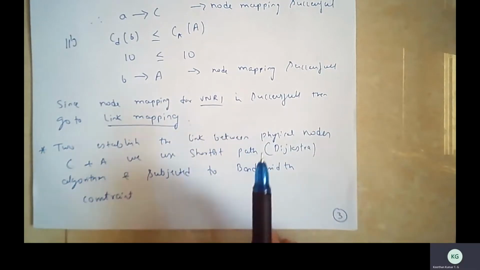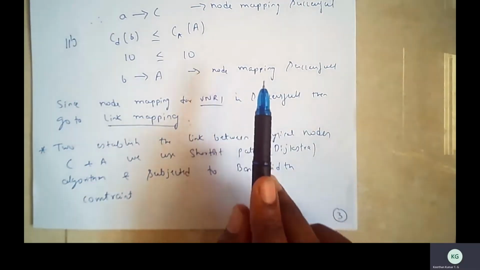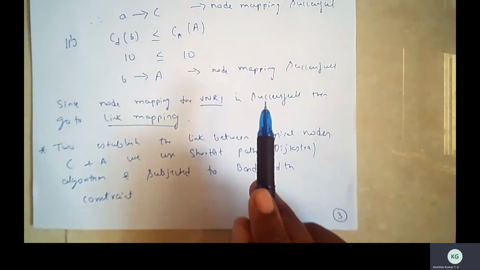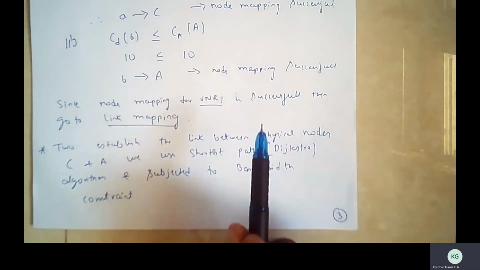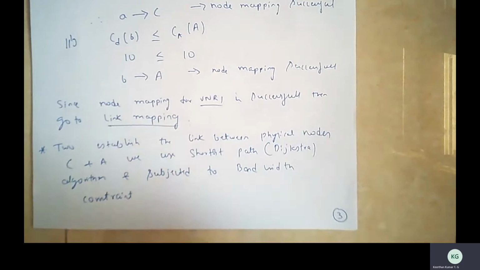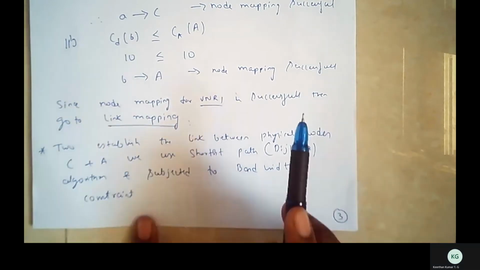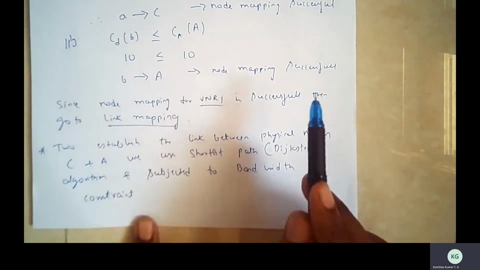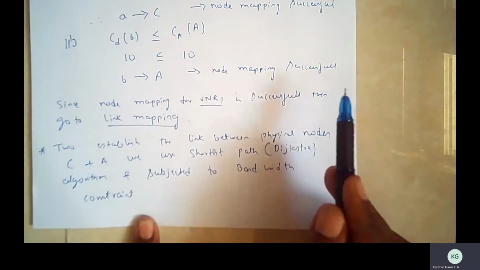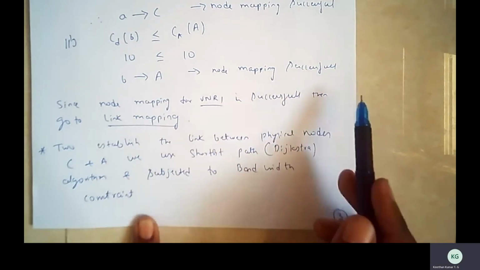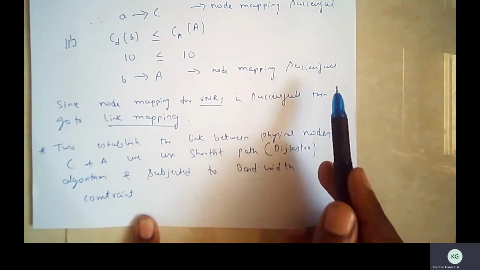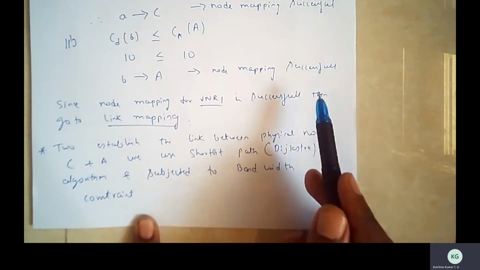One more point you need to remember while performing node embedding: in most cases we won't place multiple VMs of the same VNR request on top of the same physical server. If the VMs belong to the same virtual network request, then we can't place multiple VMs of the same VNR on a single physical server.